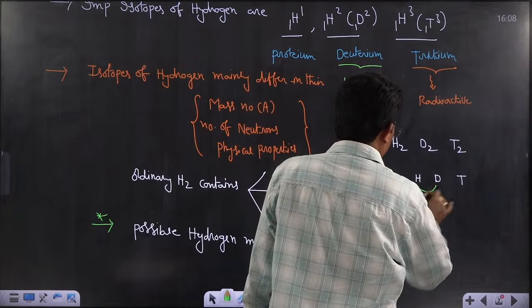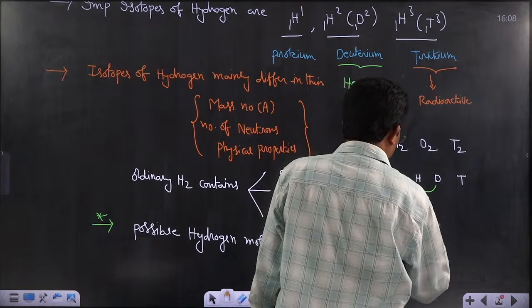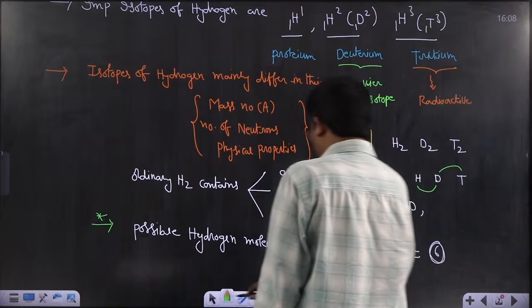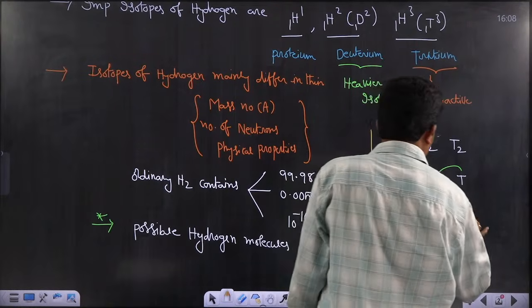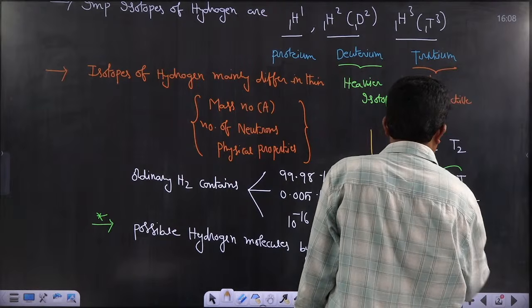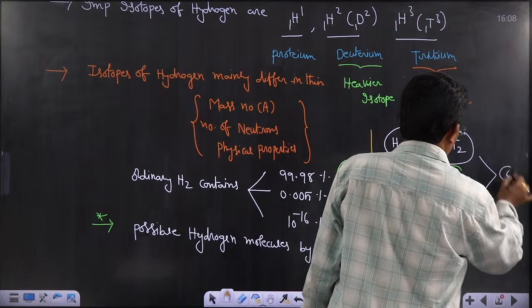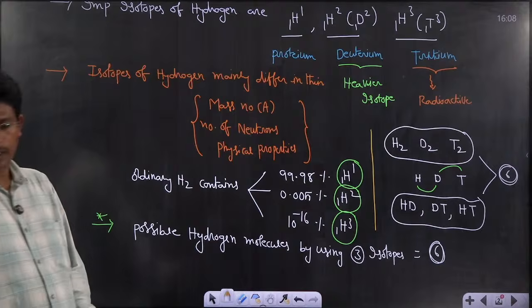By using hydrogen and deuterium, we write one more molecule, HD. By using deuterium and tritium, the molecule is DT, and HT. 3 and 3, total 6 molecules are possible.